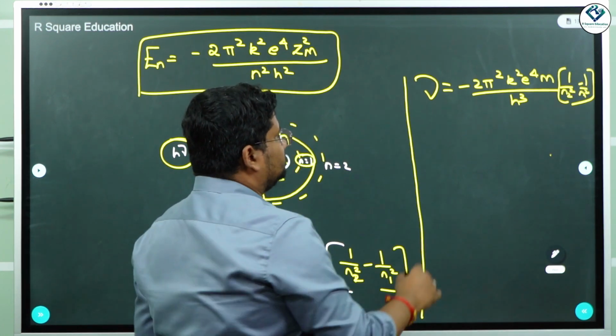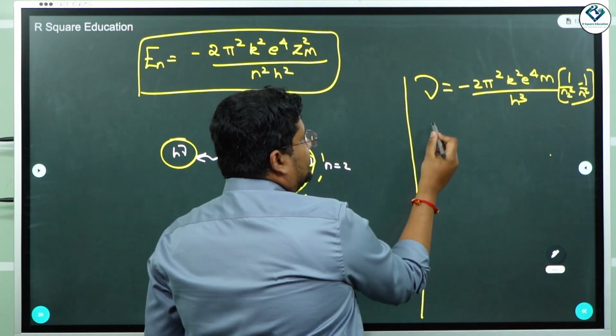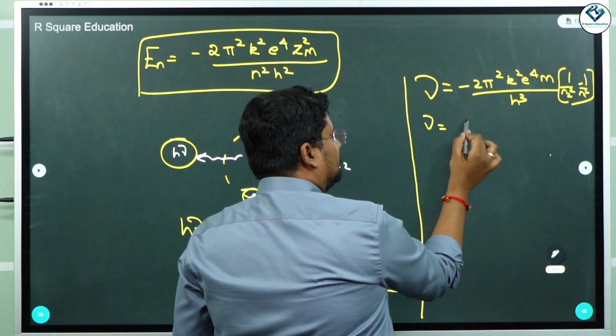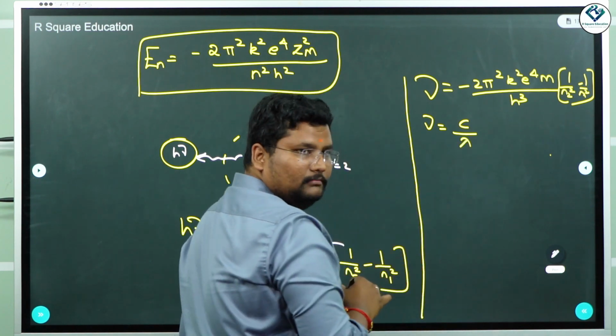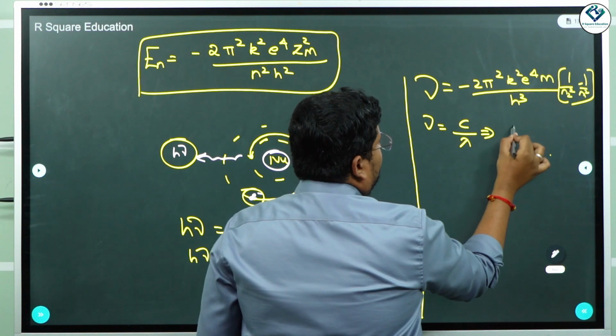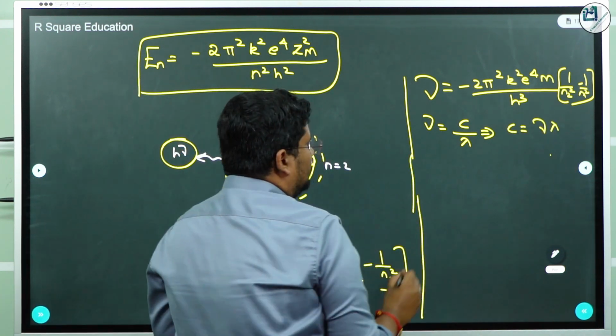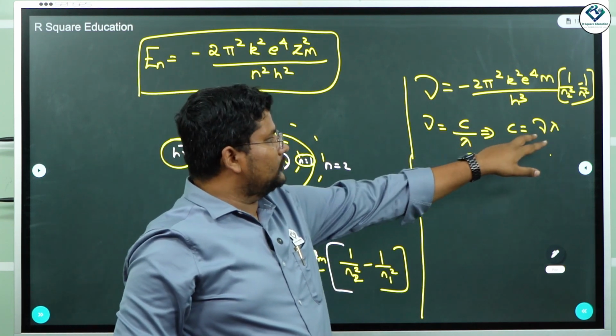Right? So now, you know nu is equal to what? c by lambda. Correct? So c is equal to nu lambda.